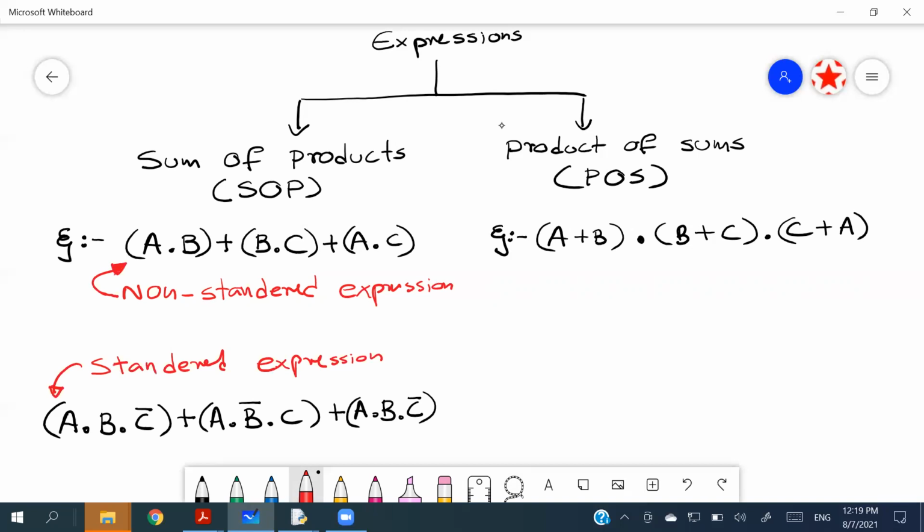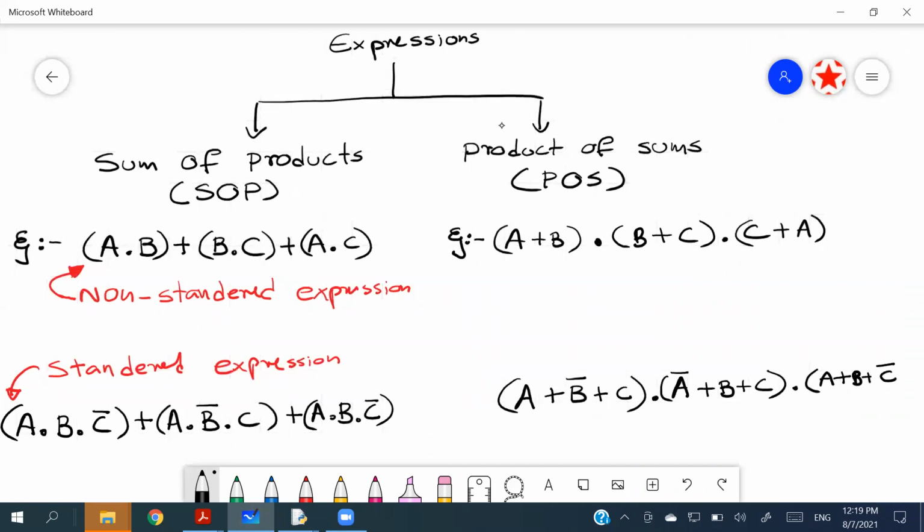So likewise, if I write A plus B bar plus C dot A bar plus B plus C dot A plus B plus C bar, and that is also a standard expression.